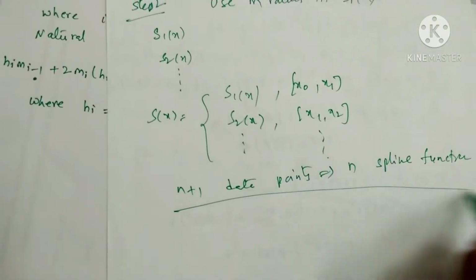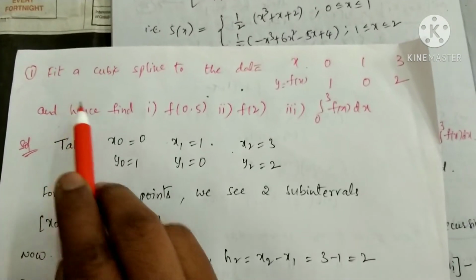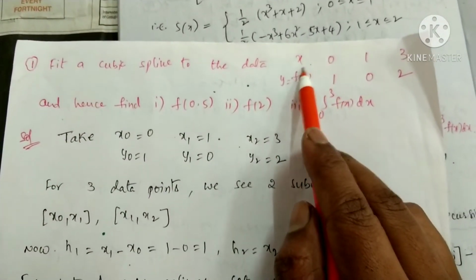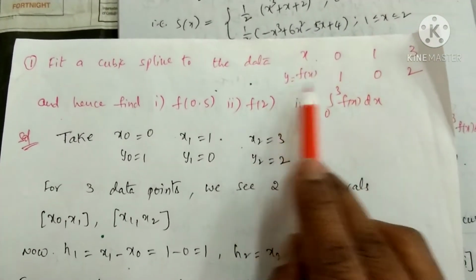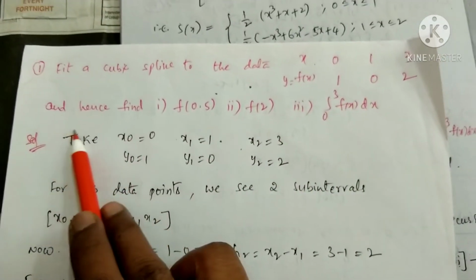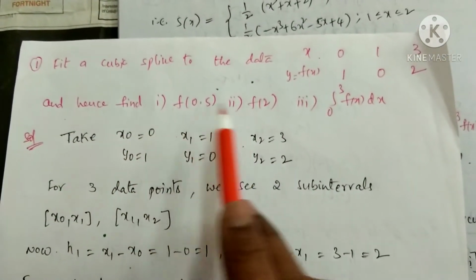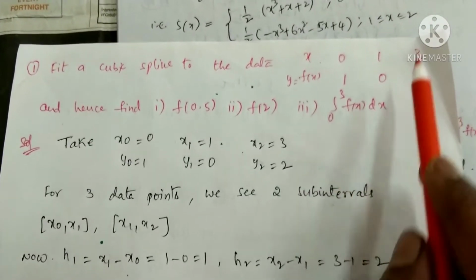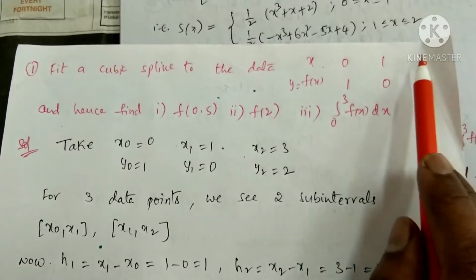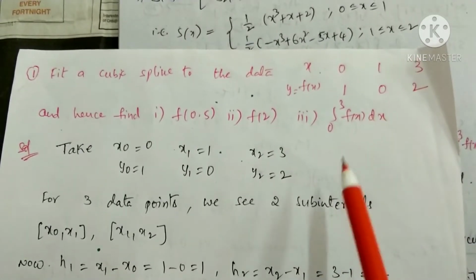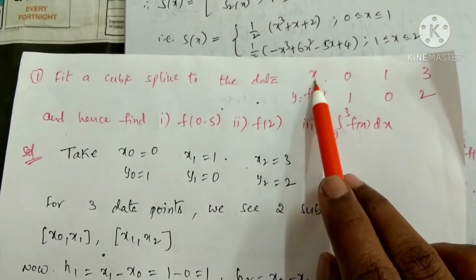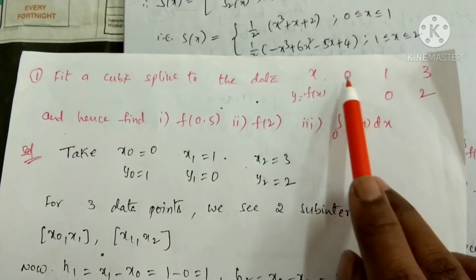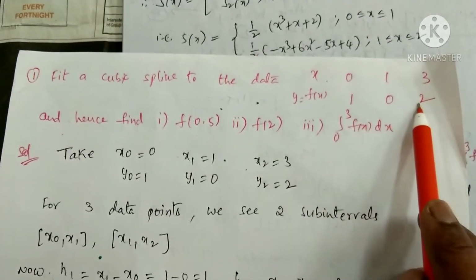So let us do one problem. Fit a cubic spline to the data: x values 0, 1, 3, y values 1, 0, 2, and hence find f(0.5), f(2), and the integral from 0 to 3 of f(x) dx. So whatever the given data is, whether it is equally spaced or unequally spaced, we should take the set of xy values as x0 y0, x1 y1, x2 y2 and so on.